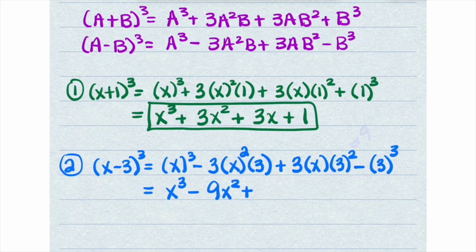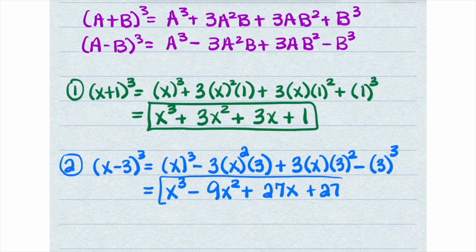Okay, so then you have 3 times x times 9, and we know that 9 times 3 is 27. Okay, so that gives us plus 27x, and then 3 cubed. That's 3 times 3 times 3, which we know 3 times 3 is 9, so that's 9 times 3, and that gives you 27.